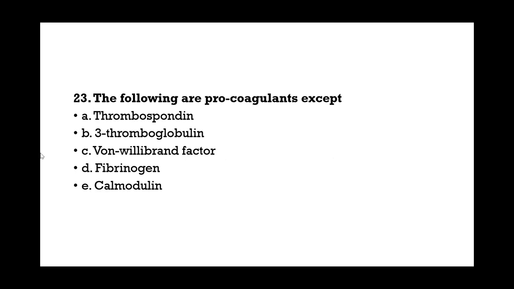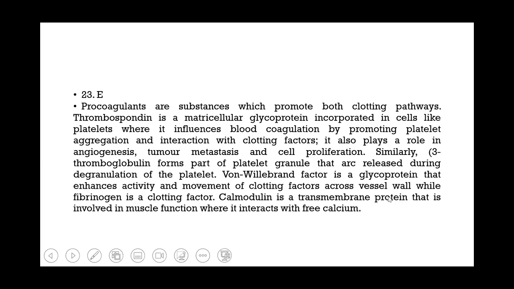B, beta-thromboglobulin. C, von Willebrand factor. D, fibrinogen. E, calmodulin. Our answer here is E. Procoagulants are substances which promote both clotting pathways.